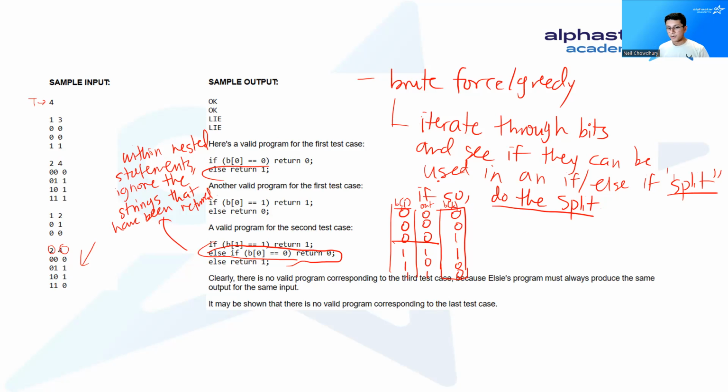So it doesn't matter which one you do first, because if you end up nesting these two, then we can nest them in any order. So let's say we have else if bj equals 0, and later on we have else if bk equals 0.